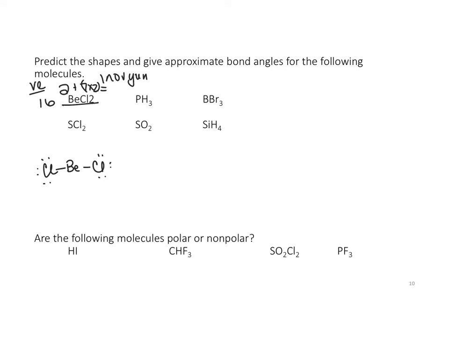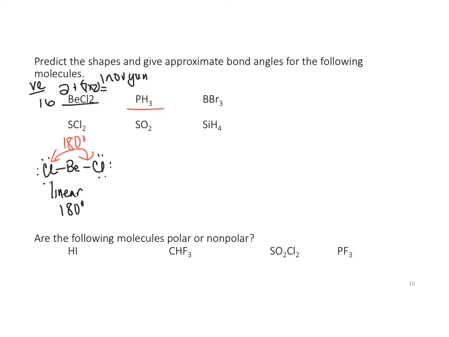Beryllium is one of those weird ones. This is going to be linear. And the approximate bond angles, you just have to remember that. That is how far these are related to each other. That's 180 degrees because it's linear.